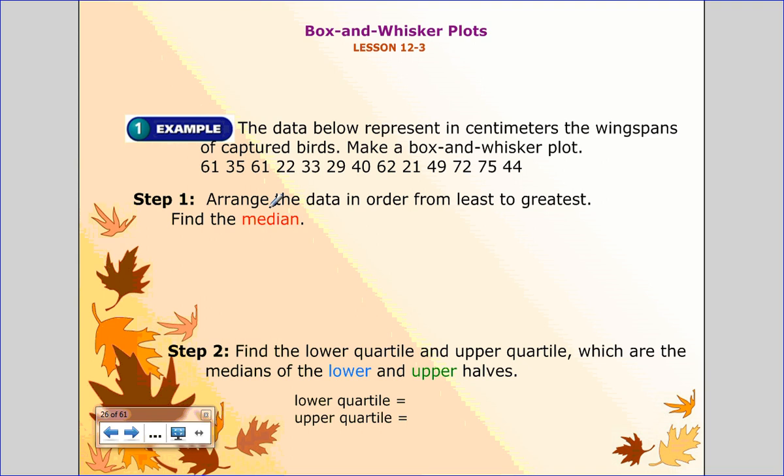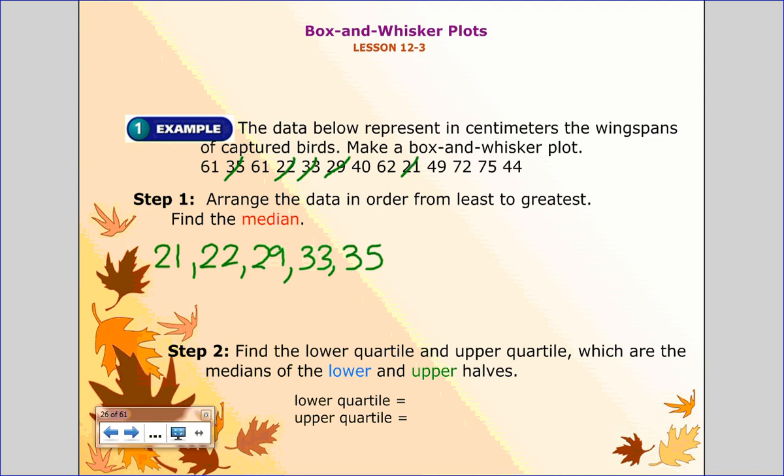Taking a look, we're going to put it in order from least to greatest. So I have a 22, a 30, I have a 29. That comes next. We have a 22, a 29, a 33, a 35. Then I skipped to 21, but thankfully that was right there.